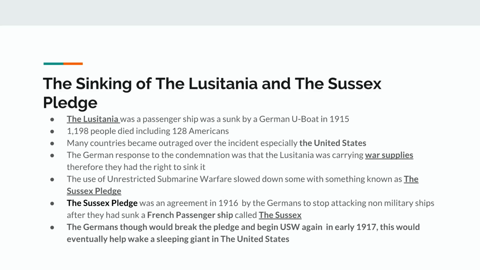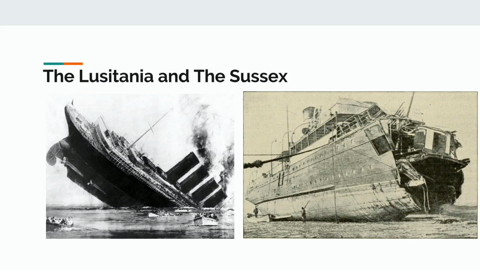This would continue up until early 1917, but eventually the Germans would break this pledge and start back sinking ships that were not military ships in 1917. And this would eventually help wake the sleeping giant, which is going to be the United States. Again, a picture of the Lusitania on the left sinking, and another picture of a damaged Sussex on the right.